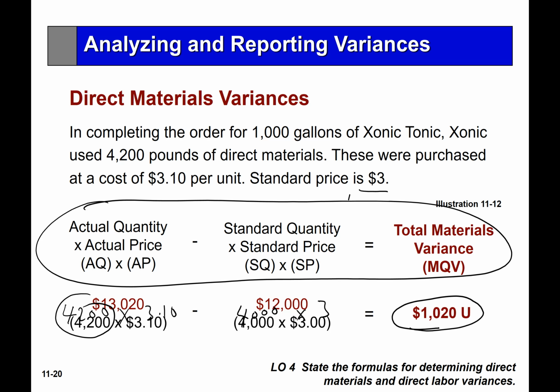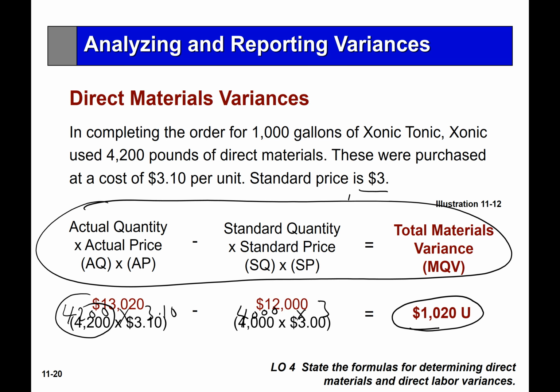So why is it unfavorable? Because your actual is greater than your standard. This is your total materials variance. Overall we are saying that we just don't know whether it's because of the price or because of the quantity. All we know is that overall your materials variance is unfavorable by 1020.